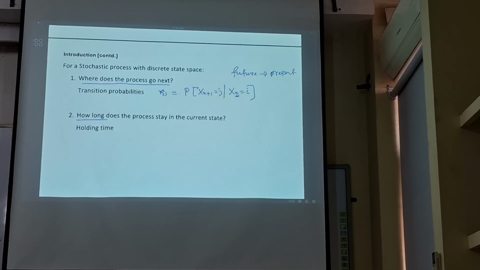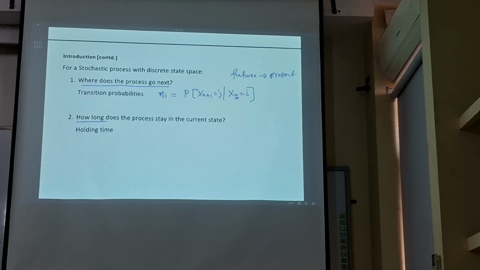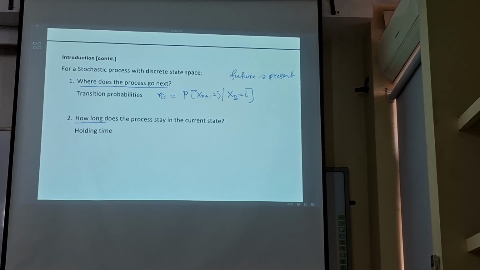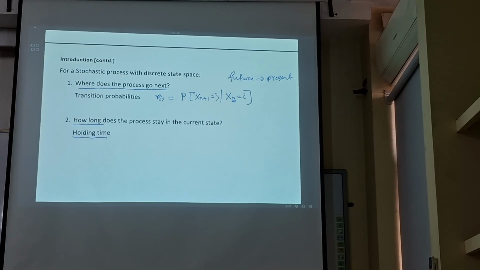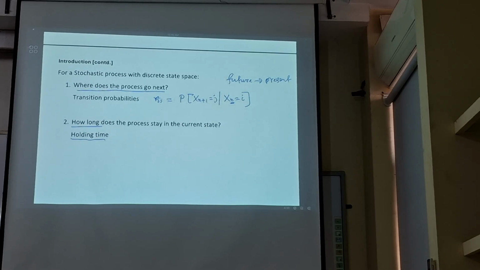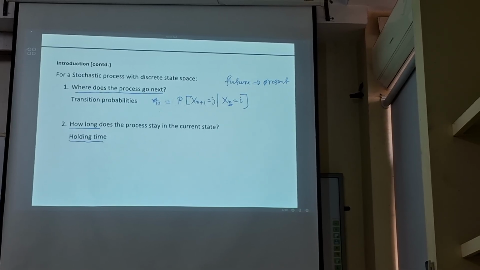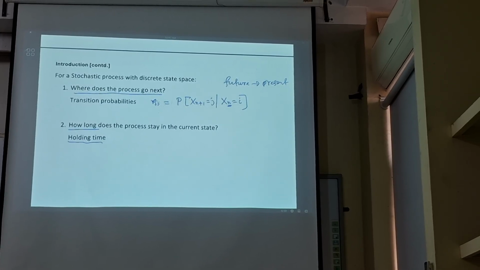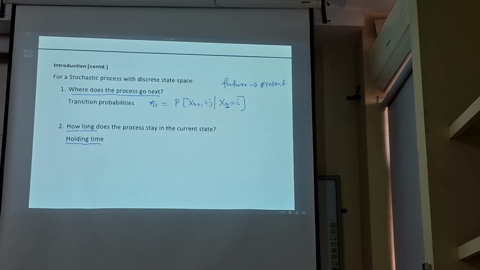We call this the holding time. We defined this previously. When we discuss the DTMC, what is the holding time? 1 over 1 minus p_ii. That is the expected holding time, right?